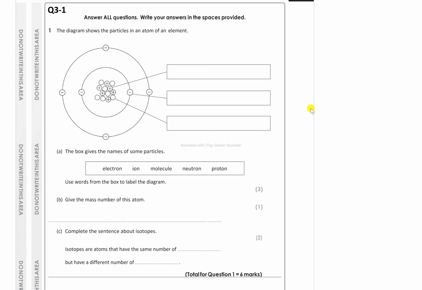Right, so this bit here in the middle that I've circled is called the nucleus, and it has an overall positive charge.